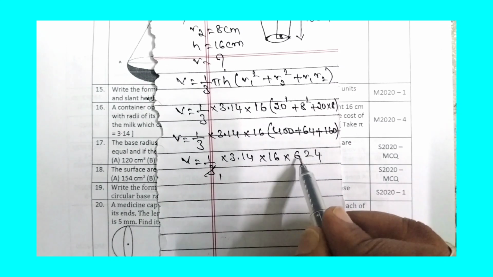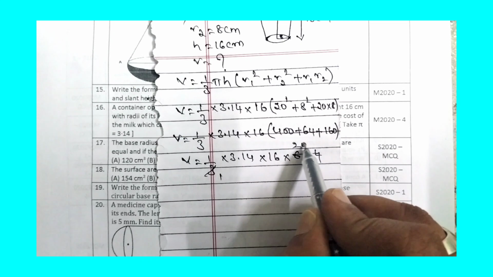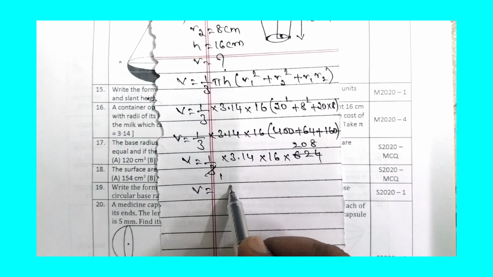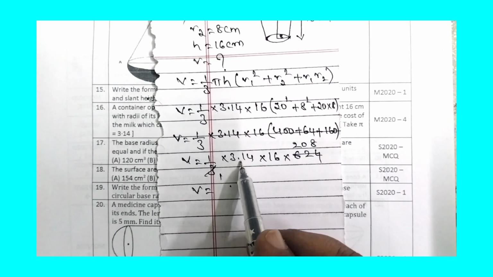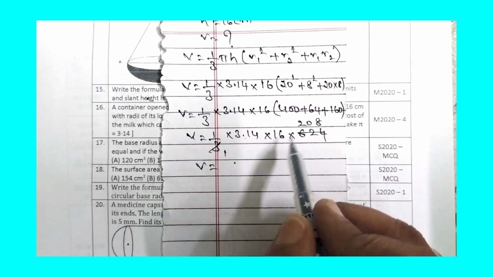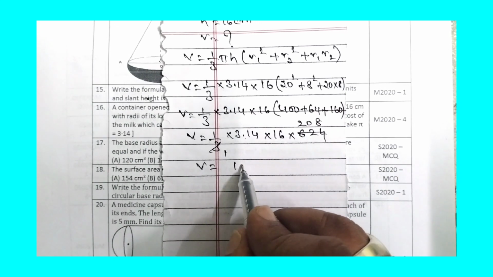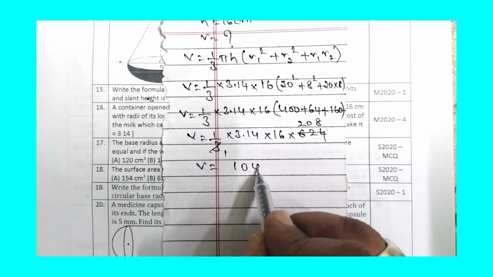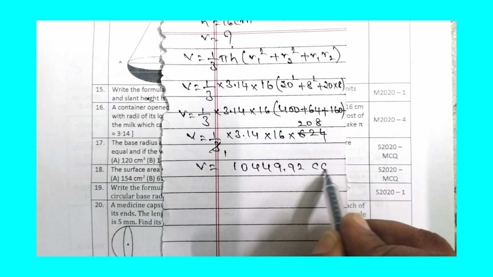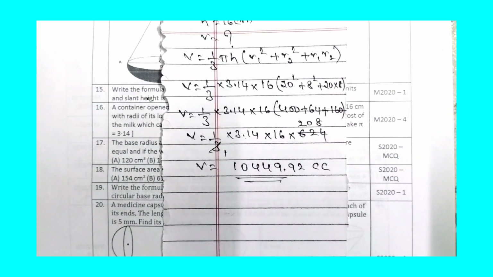So 3 1s are 3, 3 2s are 6, 0, 3 8s are 24. So volume is equal to, if you multiply 3.14, 16 and 208, you will get 10,449.92 cc. So this is the total volume.